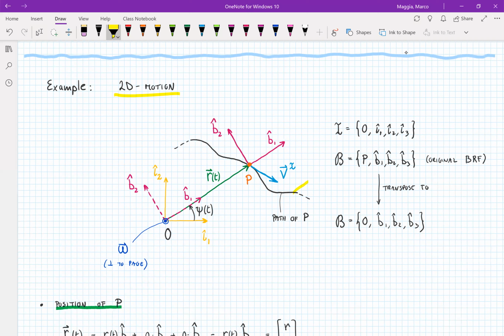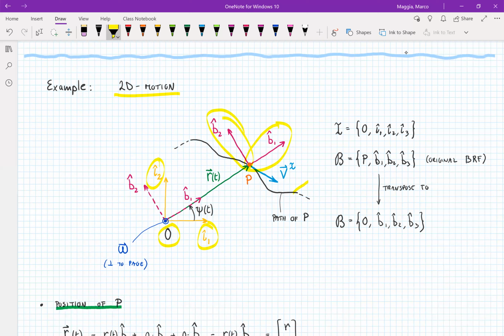That's why I have the two axes B1 and B2 centered on P. And we have also the inertial frame of reference I1 and I2, but now this frame of reference is centered at point O. So you see that the two reference frames do not share a common origin.